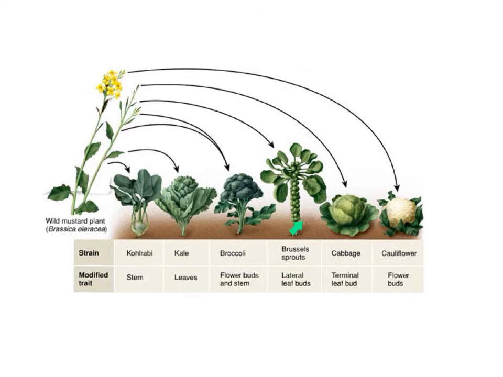So you can see that that ultimately leads here. Cabbage comes from wild mustard because of the suppression of the terminal leaf bud. And cauliflower, also through selective breeding, comes because of the sterility of the flowers. So there's a modified trait in the flower buds.